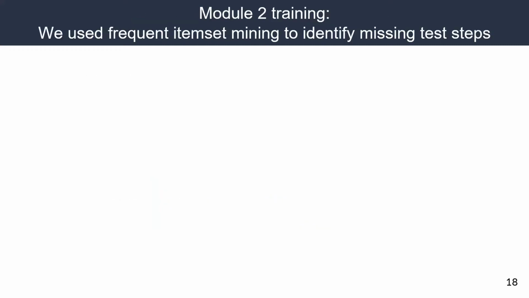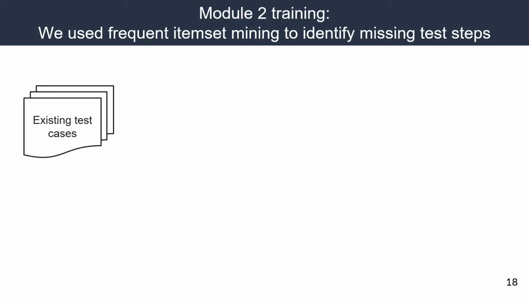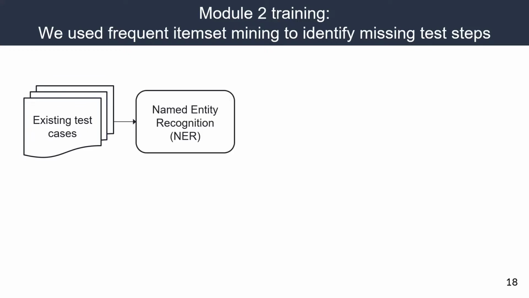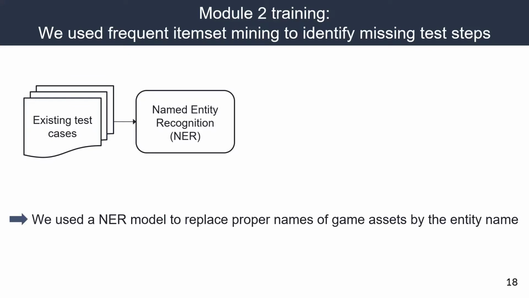For this module, we used a frequent item set mining algorithm to identify the missing steps. We start by feeding all the existing test cases into a named entity recognition model. We use this model to replace proper names of game assets by generic entity names. For example, if we have this step, purchase the academy hat, and this one, purchase the B hat, they are considered different when we perform the frequent item set mining. But we want to extract the steps that occur together with them, regardless of whether they're testing the academy or the B hat.